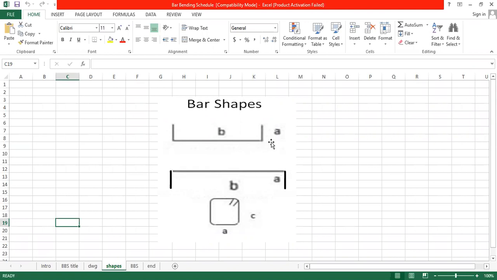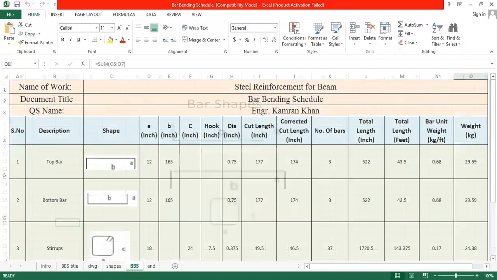This diagram is showing you the shape of the bottom bars. That diagram is showing you the shape of the top bars, and this diagram is showing you the shape of the steel stirrups. Now let us make the bar bending schedule. This is a template for the bar bending schedule.